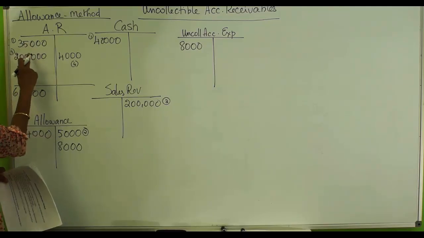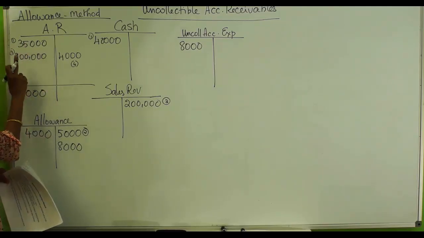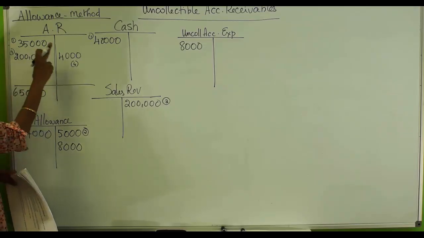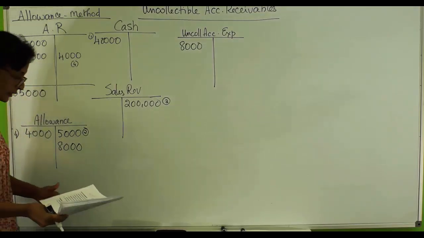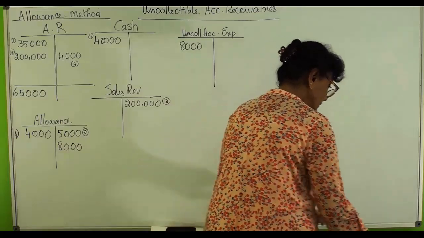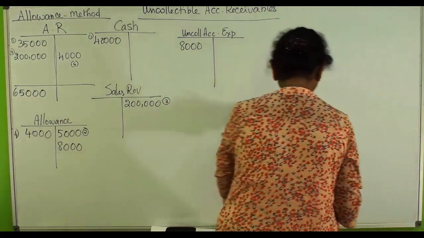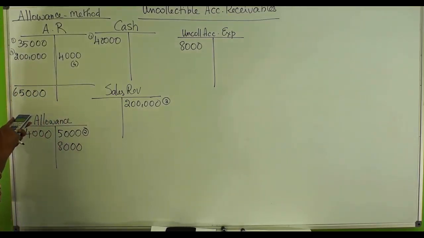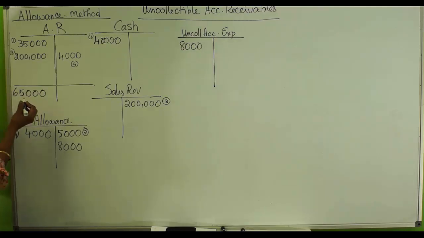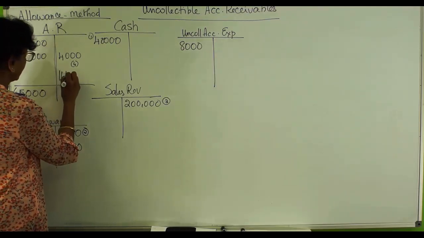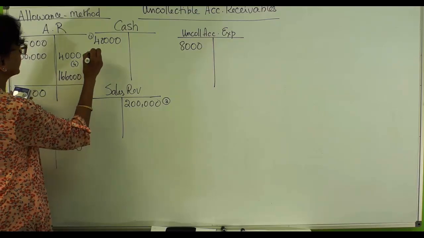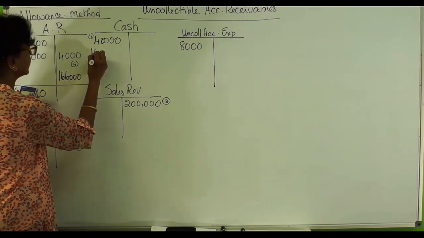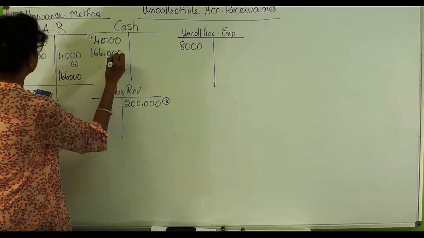If you calculate 35,000 starting, 200,000 they sold on account, 4,000 was deemed uncollectible, and the ending balance is 65,000, then they should have collected $166,000. So you credit accounts receivable $166,000 and debit cash $166,000.